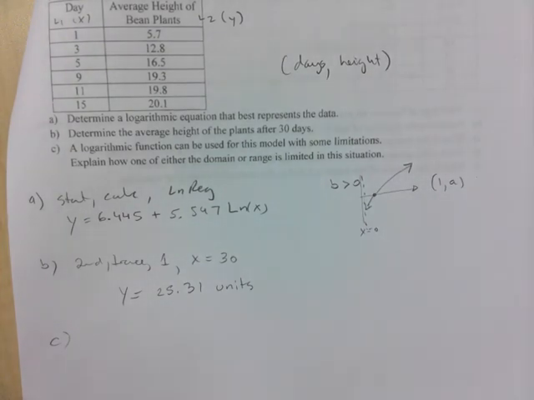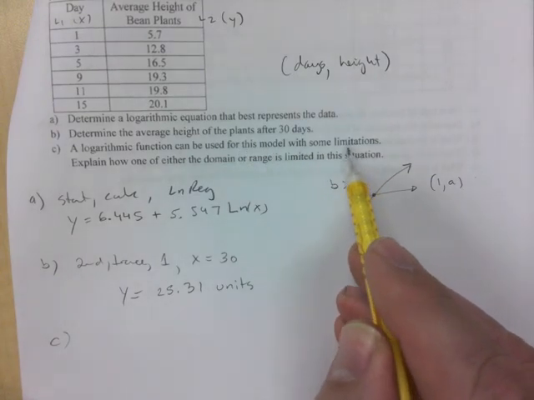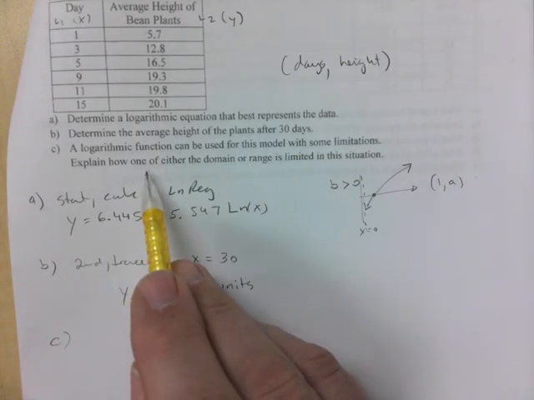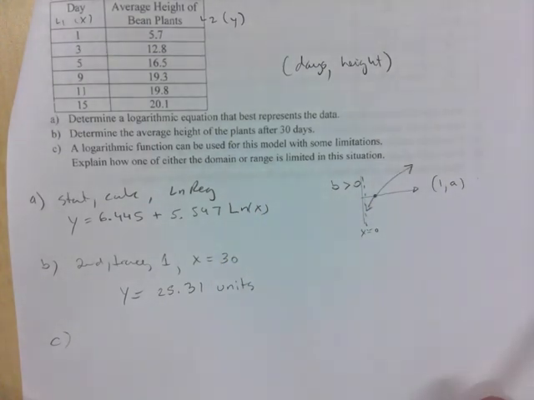C: A logarithmic function can be used to model this with some limitations. Explain how one of either the domain or range is limited in this situation.